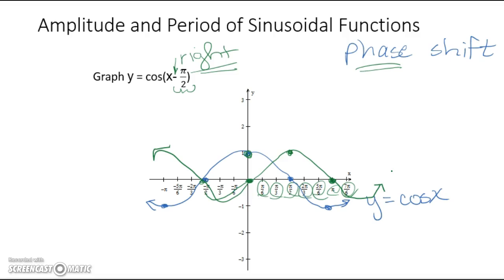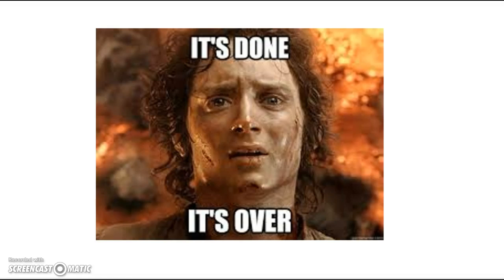So you just look for those very interesting points on the graph, the maximums, the zeros, the minimums, and you move those whatever distance the phase shift is telling you to move them, and replot them there, and then just connect them in that little curvy fashion that you know cosine behaves like. So there's the parent cosine function and all the interesting information on it. Come to class next time and we'll practice graphing the parent cosine function and transformations on that.